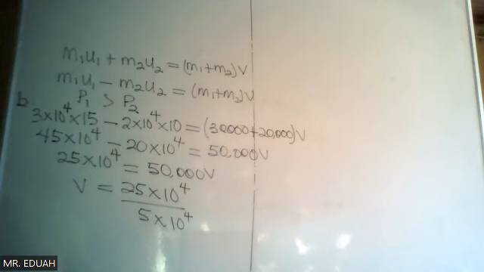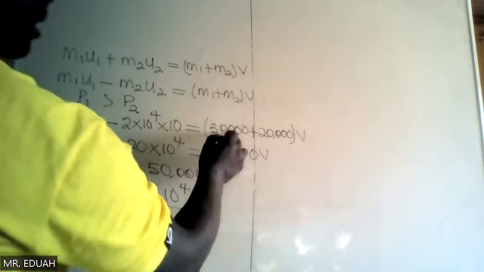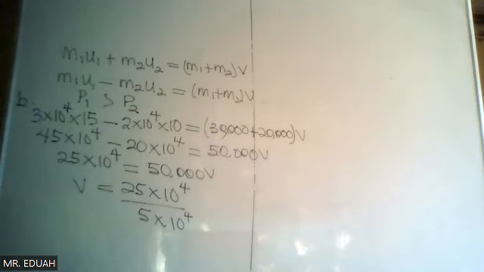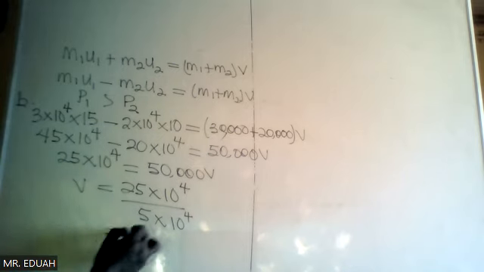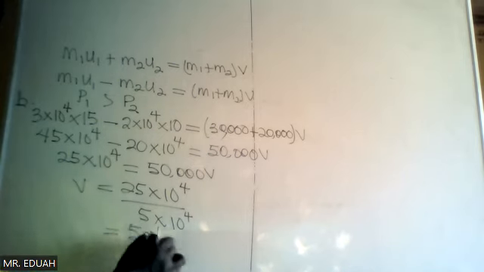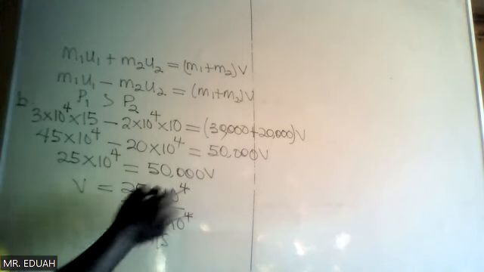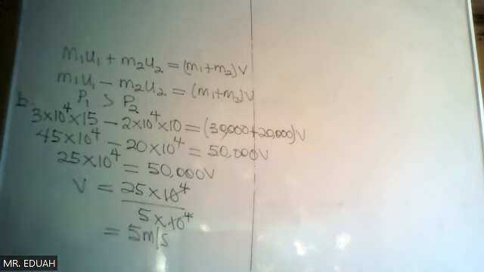This is 25 times 10 to the power 4, and this is 30,000 plus 20,000, so 50,000. All right, so V is equal to 5 meters per second. That is the velocity when they are moving in opposite directions.